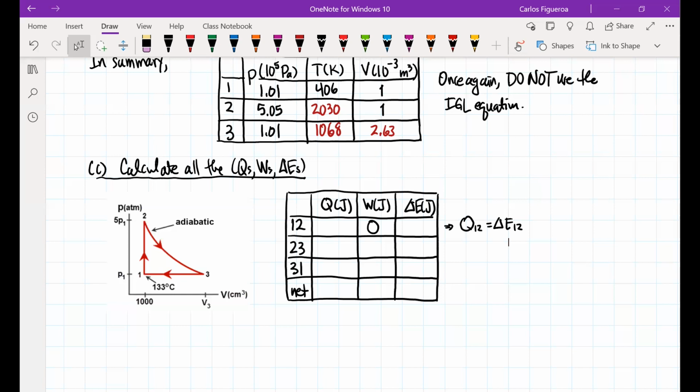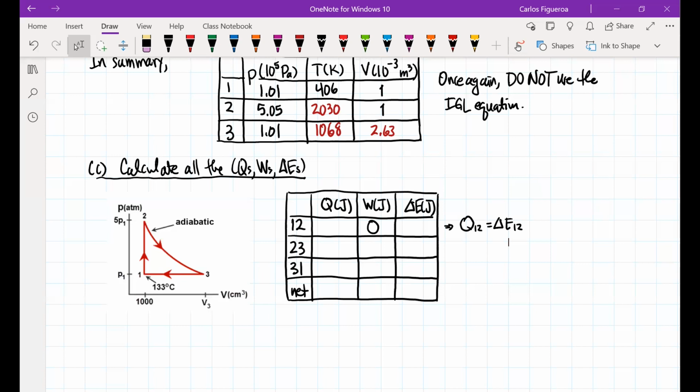So now I've calculated these, and I know everything about that isochoric process. Now let's go to the next one, the adiabatic process between 2 and 3.